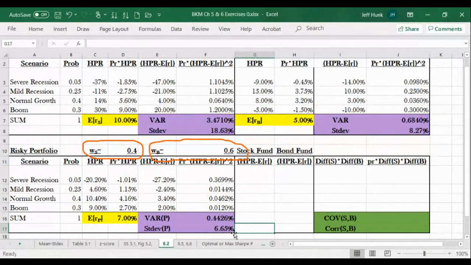But the added benefit is that the variance is not somewhere in between. The variance is actually lower than both individual portfolios, respectively.